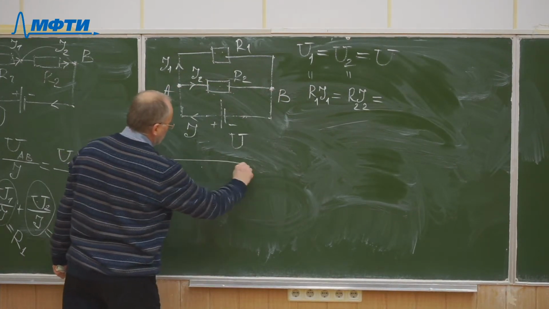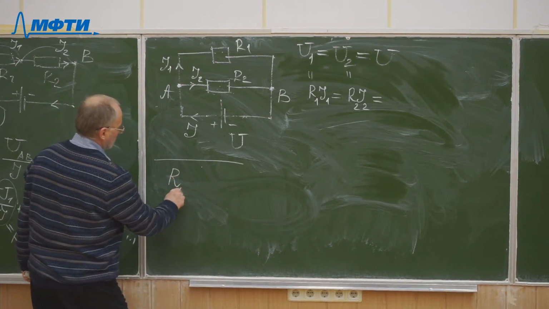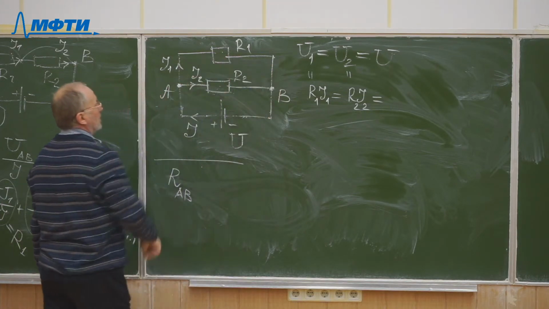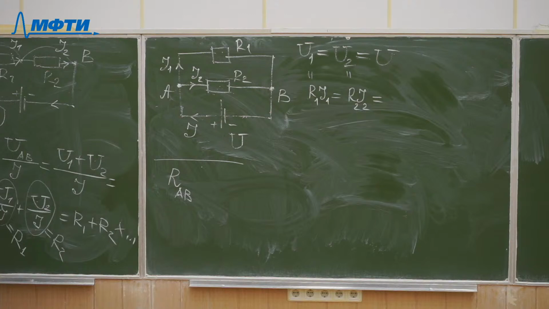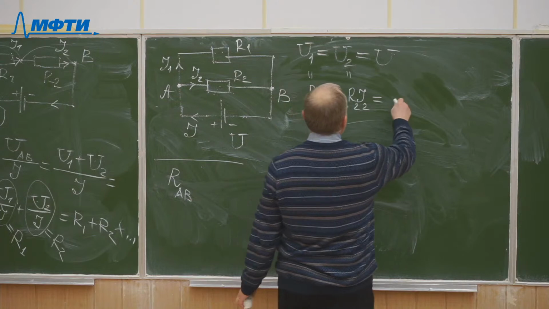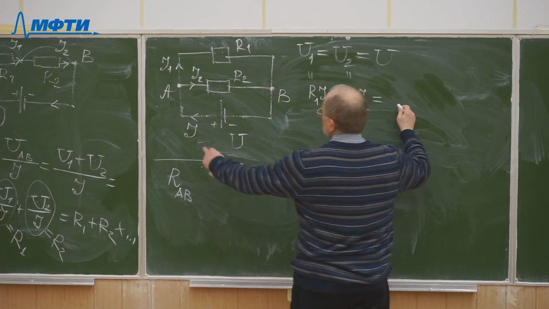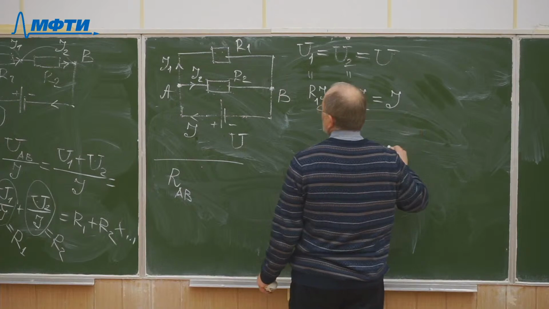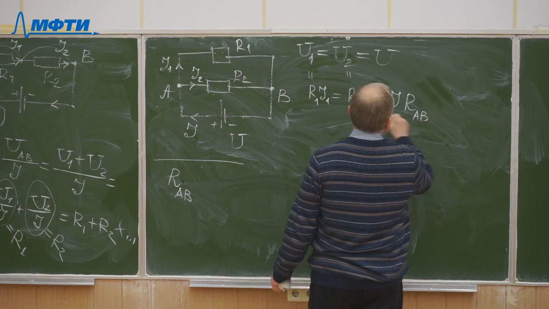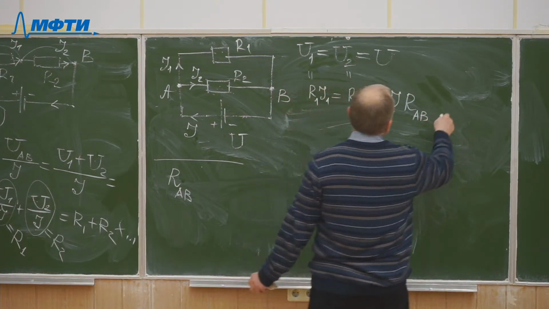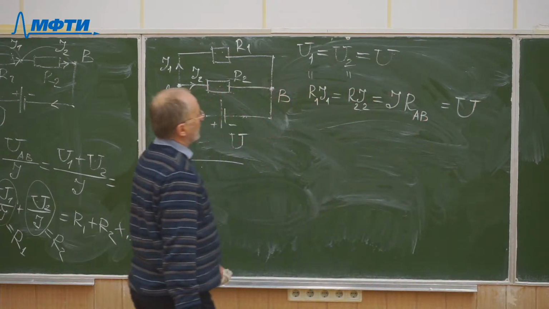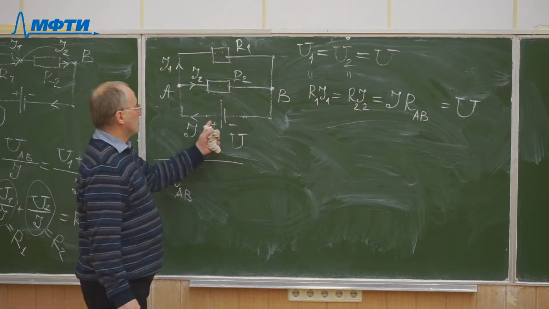What we have to find here in this problem is the resistance between points A and B. So it will be equal to the total current times total resistance, and all this is certainly just the potential difference, the voltage of the battery.